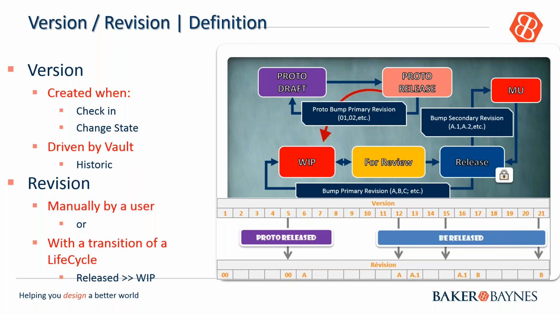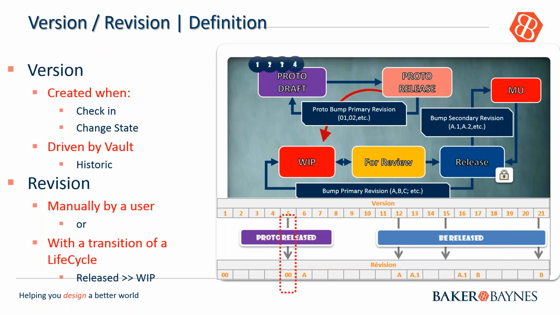You could have primary, secondary, or tertiary revisions. And what this means is if it's a combination of numeric and alphabetic, it could be A1, and you could have that would be a secondary, so A1.1, or a tertiary could be A.1.1.2 in that order. However, the tertiaries are not very commonly used. It's more the primary and secondary.